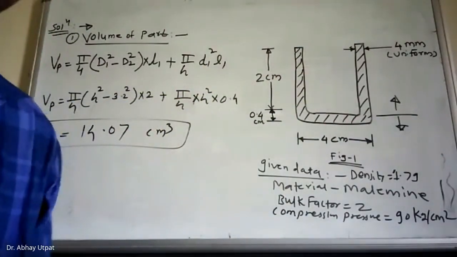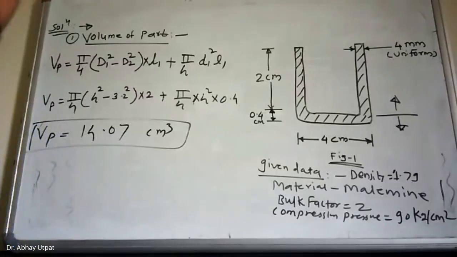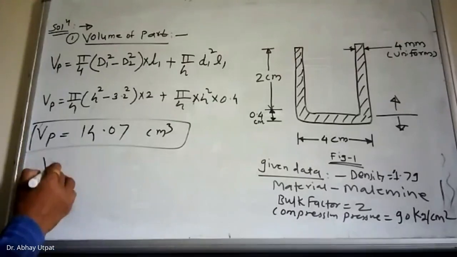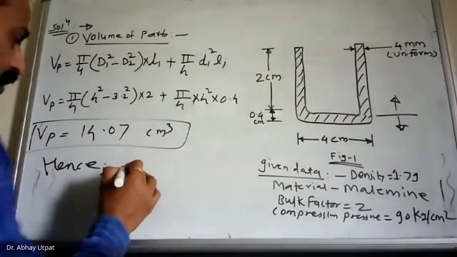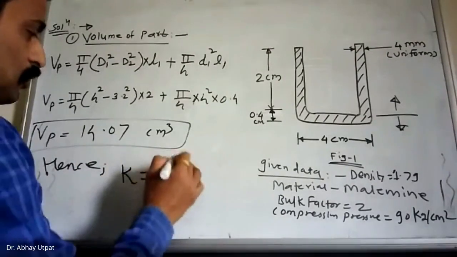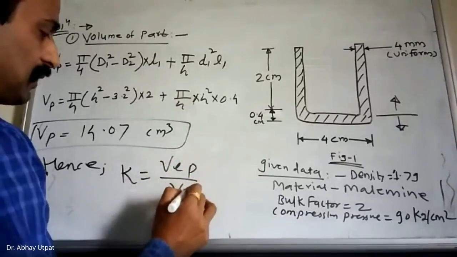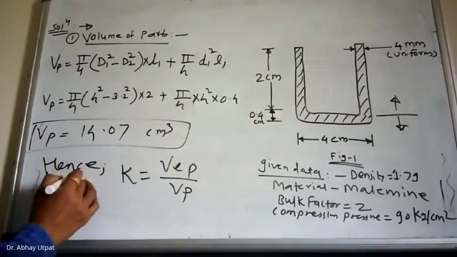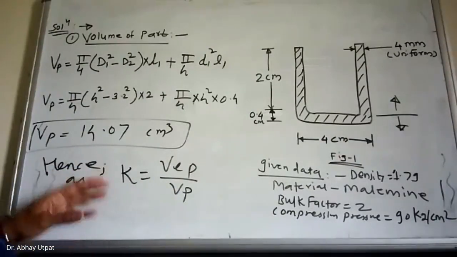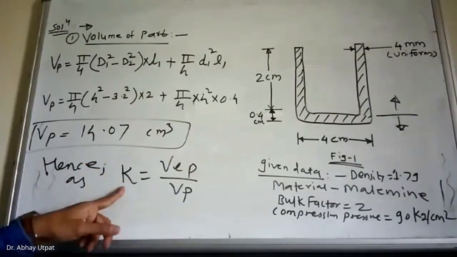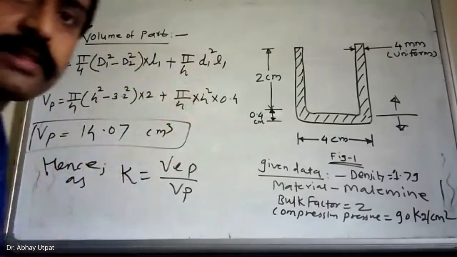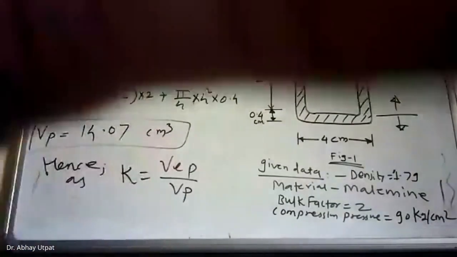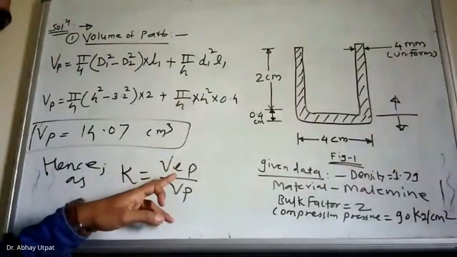Now, next one is the volume of loose powder. Here I will write, I hope it is visible to you. Hence, K is equal to VLP upon VP. K means bulk factor, equal to VLP upon VP. That formula I already taught you in the previous class: volume of loose powder upon volume of part.